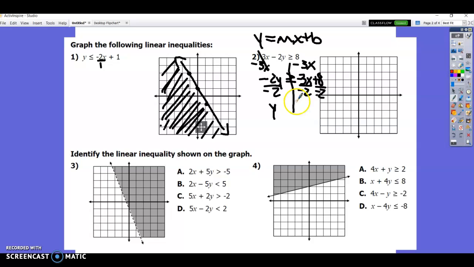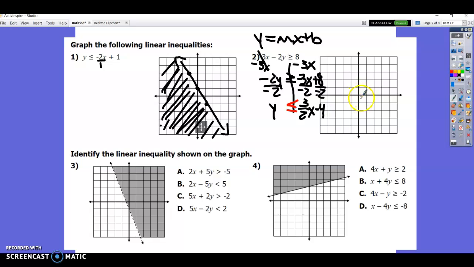So this is greater than or equal to, this becomes less than or equal to. Only when you multiply or divide by a negative. Two negatives become positive, and this becomes -4.